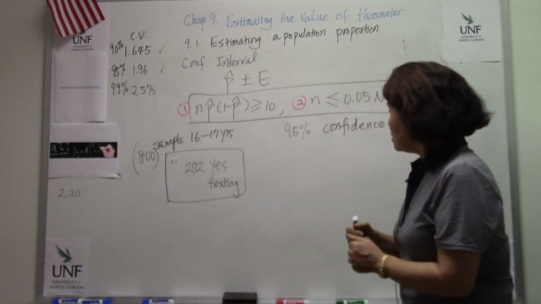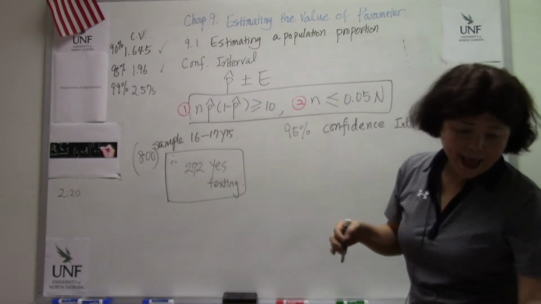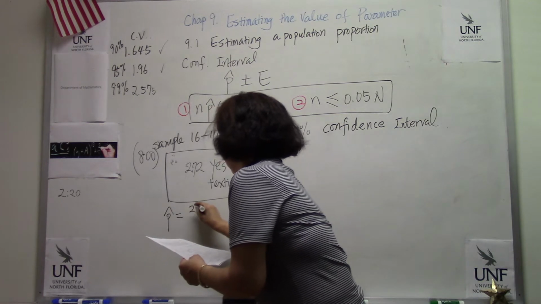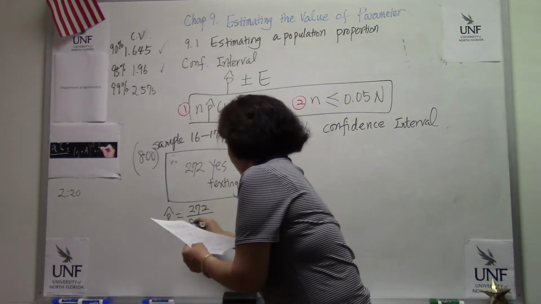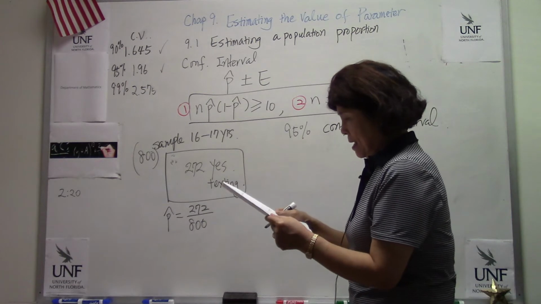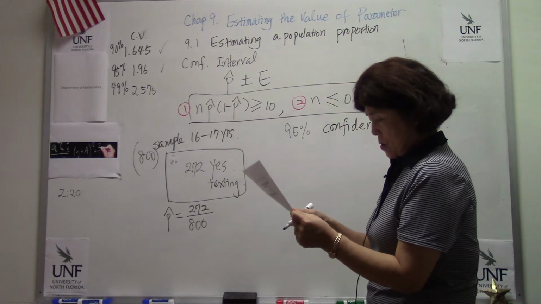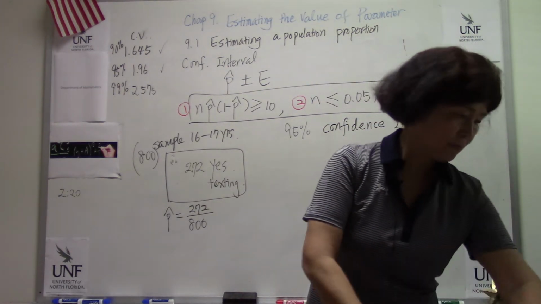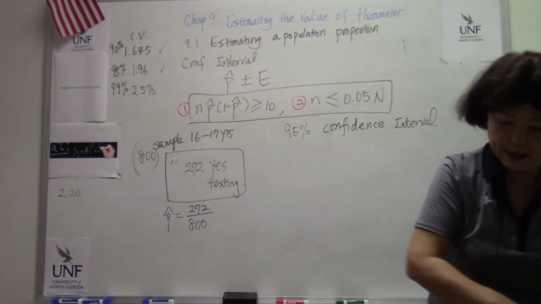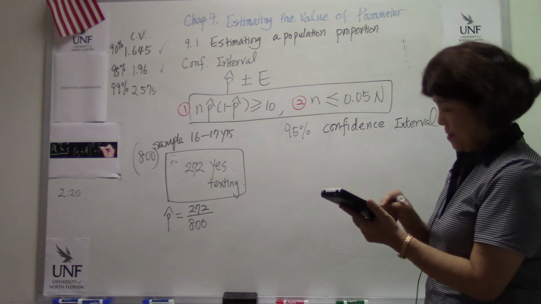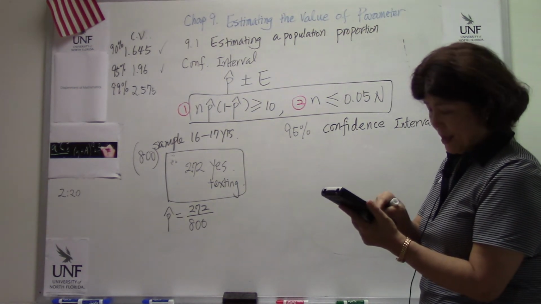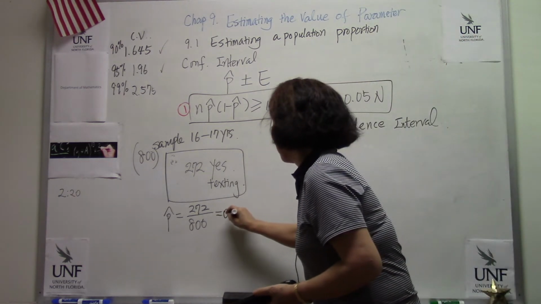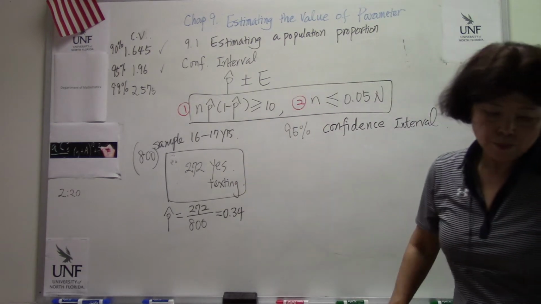First of all, what is p hat? Over here, p hat is 272 over 800. So 272 divided by 800 is 0.34, the sample proportion.